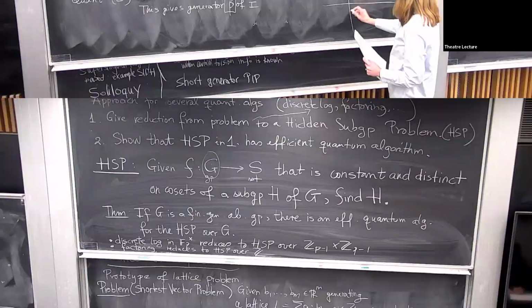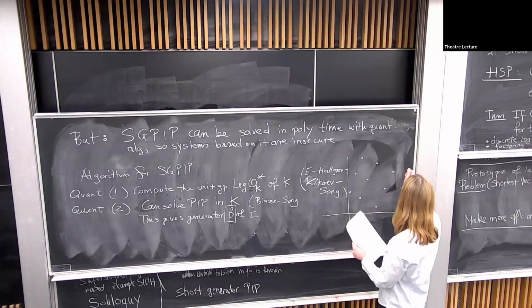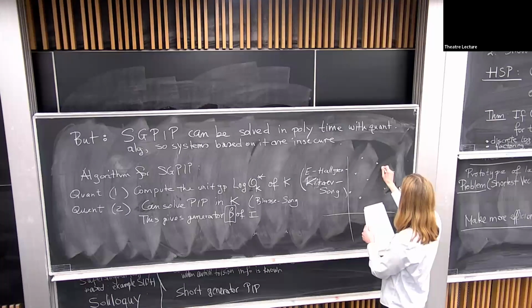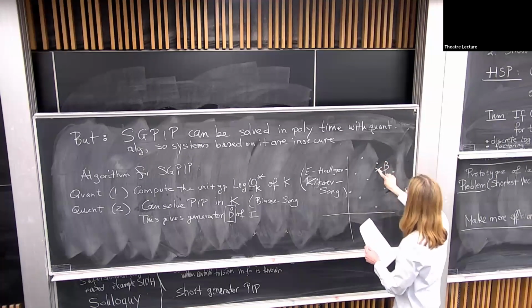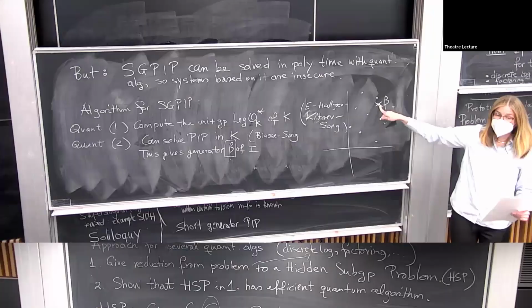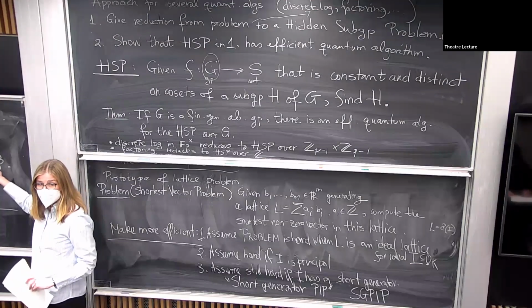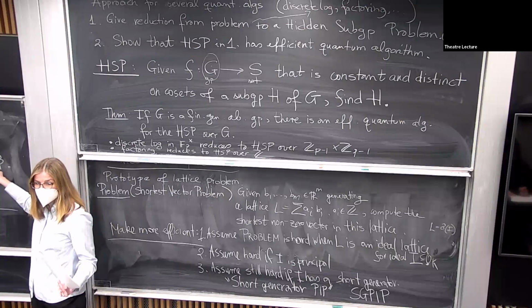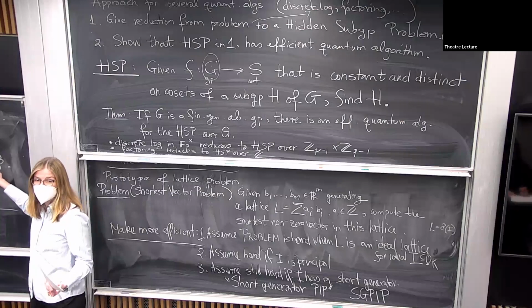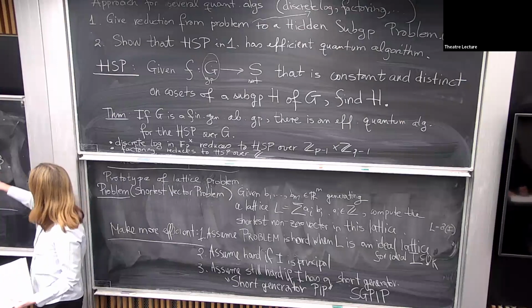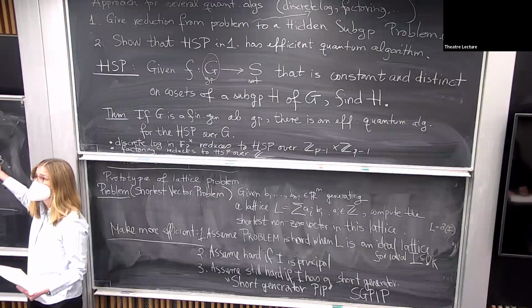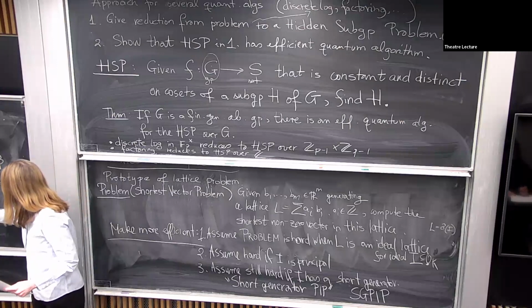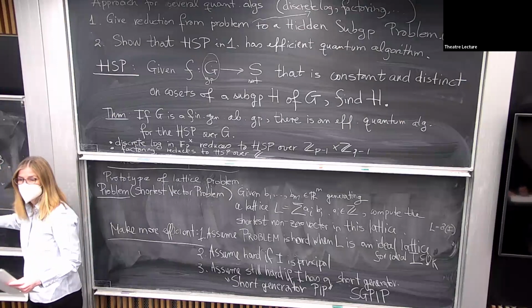It's not a unit, so it's going to sit somewhere else, maybe up here somewhere, and it's really big. But if I want to make it small, I just need to multiply it by a unit. What I want to do is find the closest unit and multiply by its inverse. And then I get something down here like that.